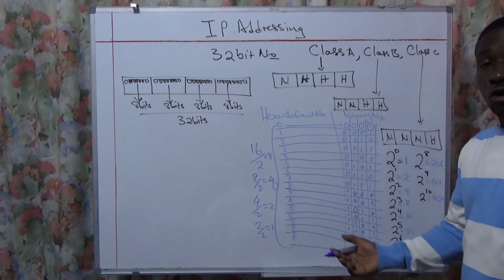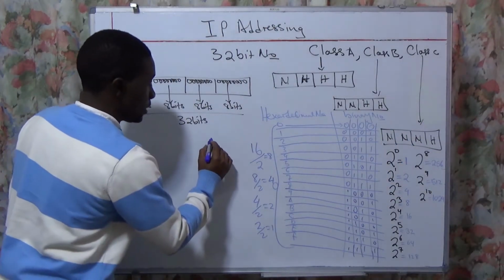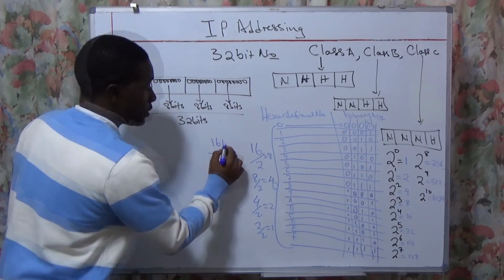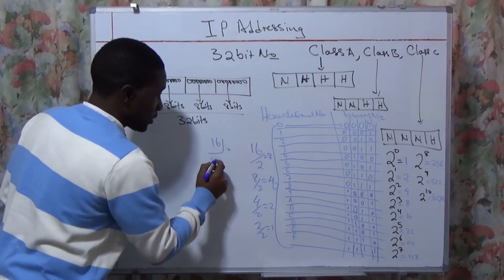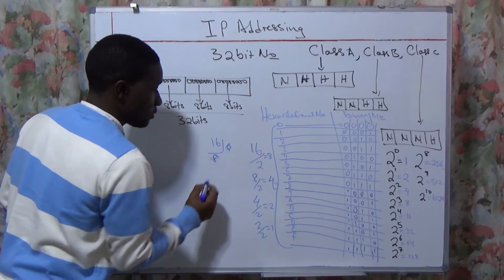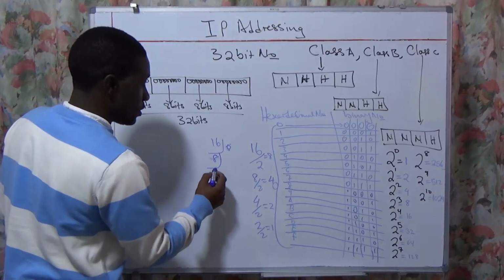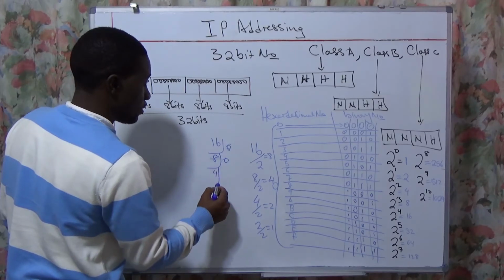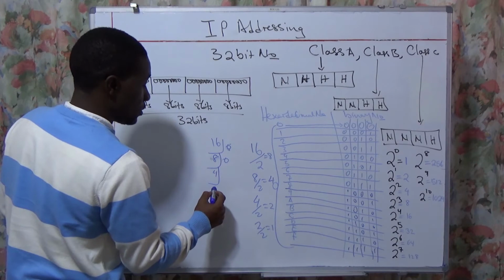However, we can do computations like 16 divided by 2 is 8, remainder 0. 8 divided by 2 is 4, remainder 0. 4 divided by 2 is 2, remainder 0.